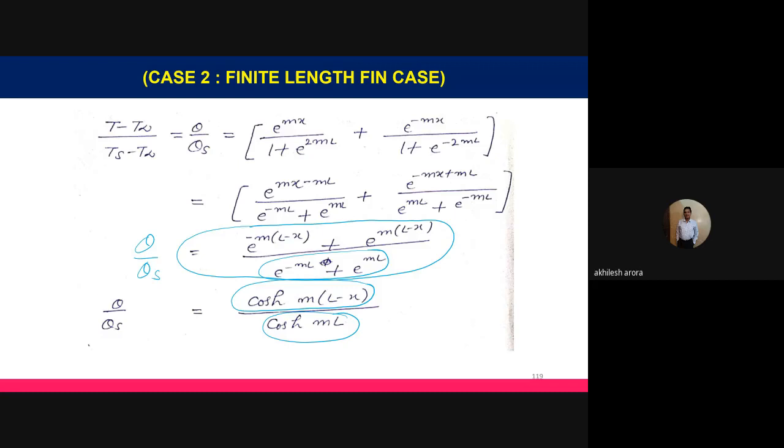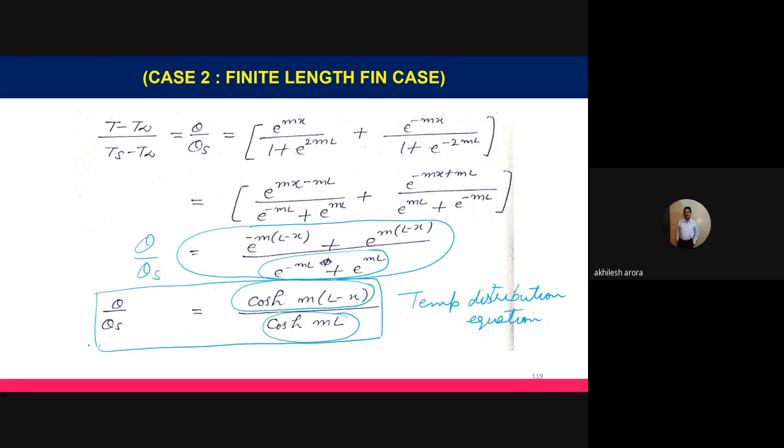So it has been simplified. So the final answer for the temperature distribution is this one. So this is the temperature distribution equation.